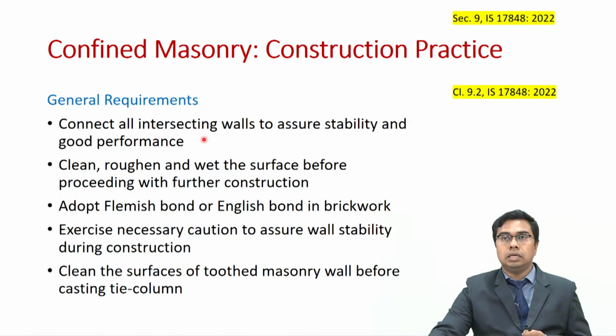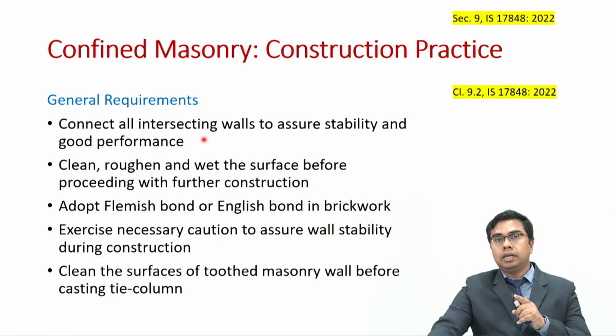Now, this connection has to be made through either toothing the surface or providing dowel bars. Now, when you have constructed the masonry wall and provided a toothing surface or dowels, then you shall clean, roughen and wet the surface before proceeding with further construction.